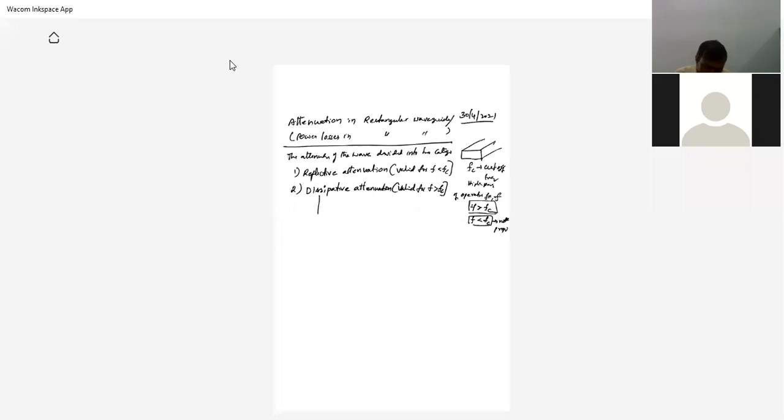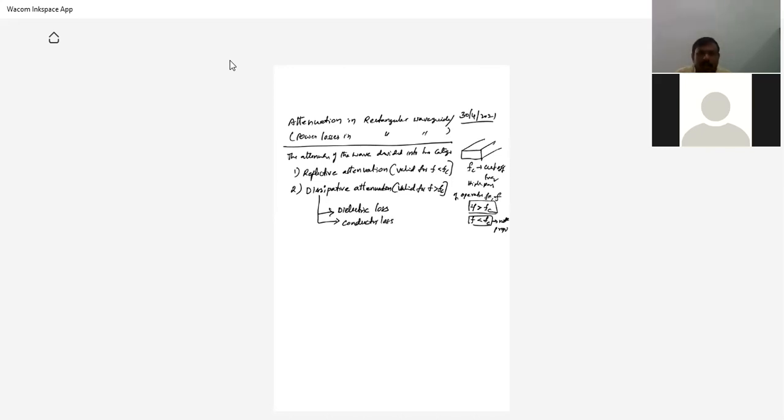So the second one, the dissipative attenuation, we can write in two categories: one is the dielectric loss, and the second one is the conductive loss or conductor loss.